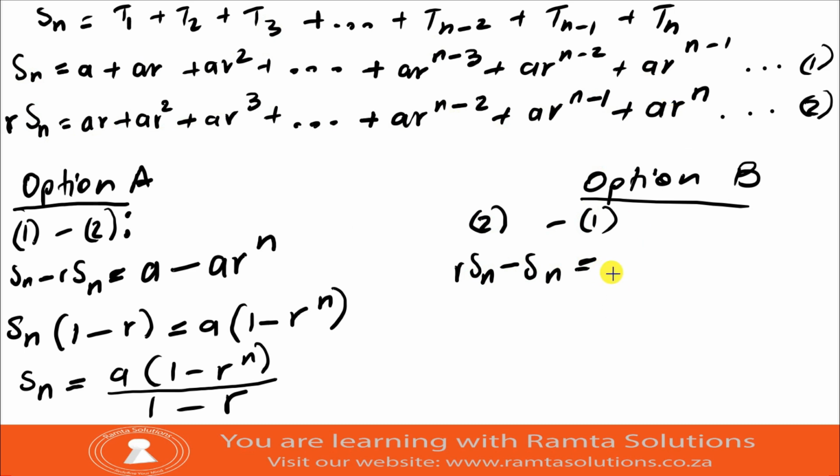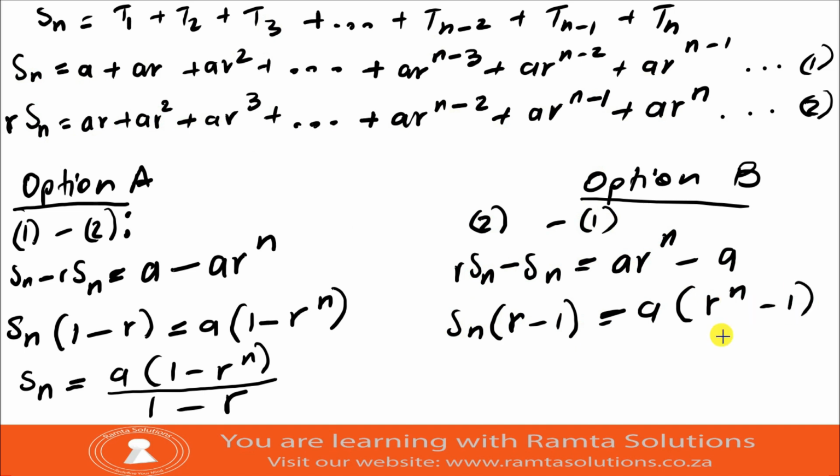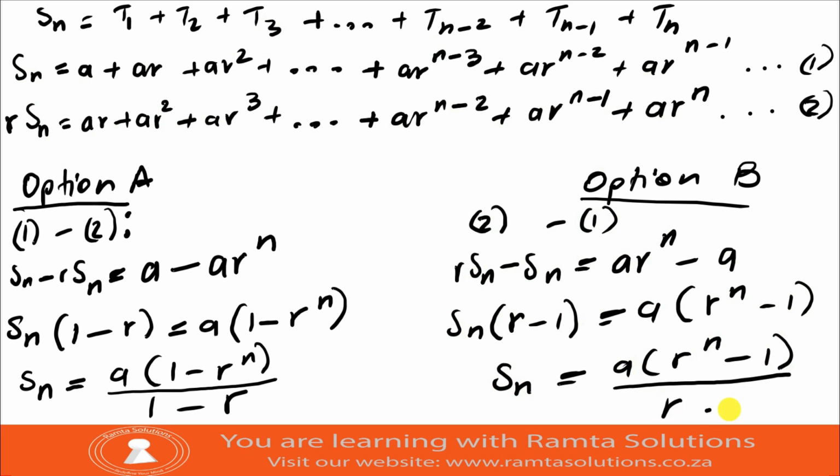This one will be AR to the n minus A. Common factor again, we have Sn, R minus 1. Here the common factor is A, R to the n minus 1. Therefore, Sn equals A into R to the n minus 1 all over R minus 1.